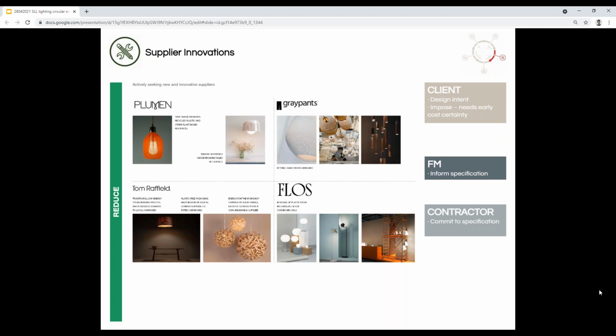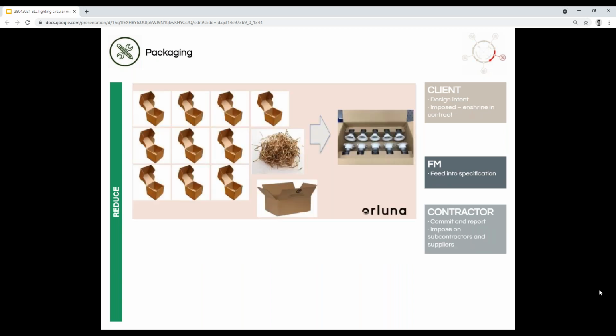There are some others listed on this slide, but they're looking at not only their product, but also the use of innovative materials or things like recycled plastics, woods, cardboards, obviously all in a safe fashion, but also things like packaging and where they source the materials, where they actually do manufacture. Next slide, please.